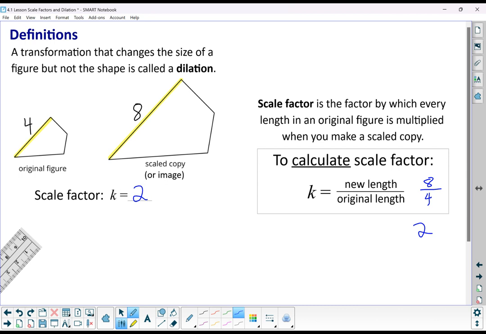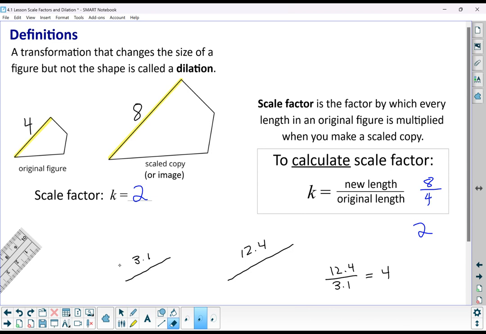So if you ever have a situation where the scale factor is not something you can really tell, like if it was a 3.1 and a 12.4, you could always just divide the new length by the original length to get the scale factor.